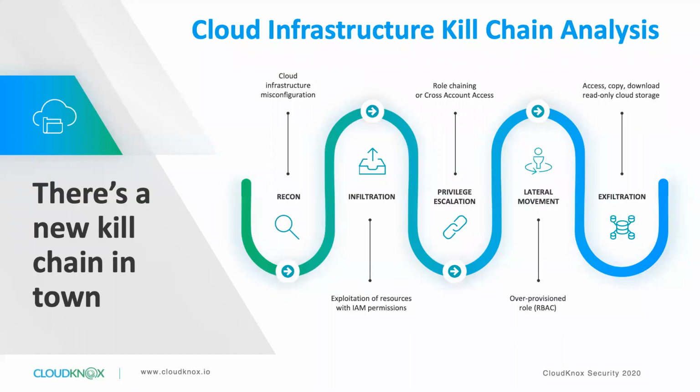If we loop in a cloud infrastructure kill chain analysis, we can take a new approach to something that many organizations are familiar with today, and this is a cyber kill chain, but in the context of the cloud.